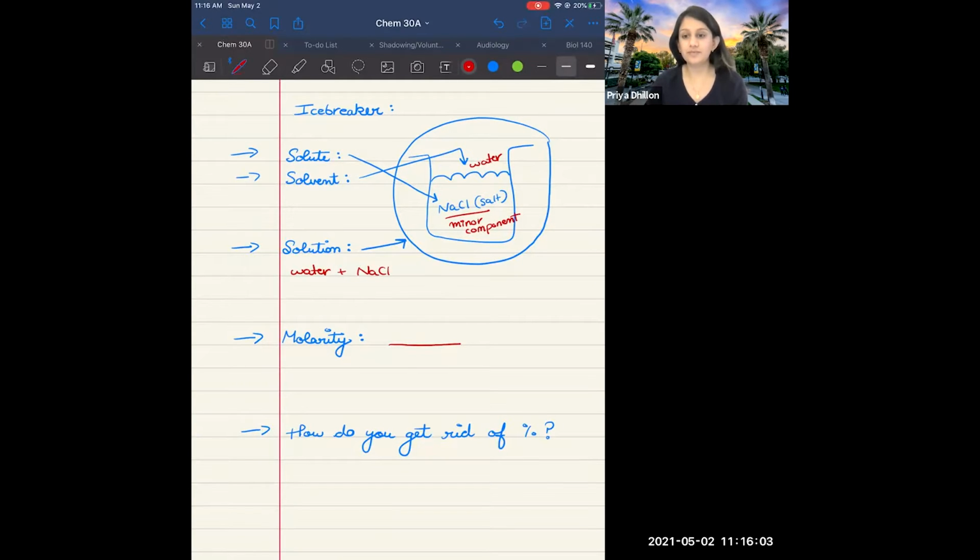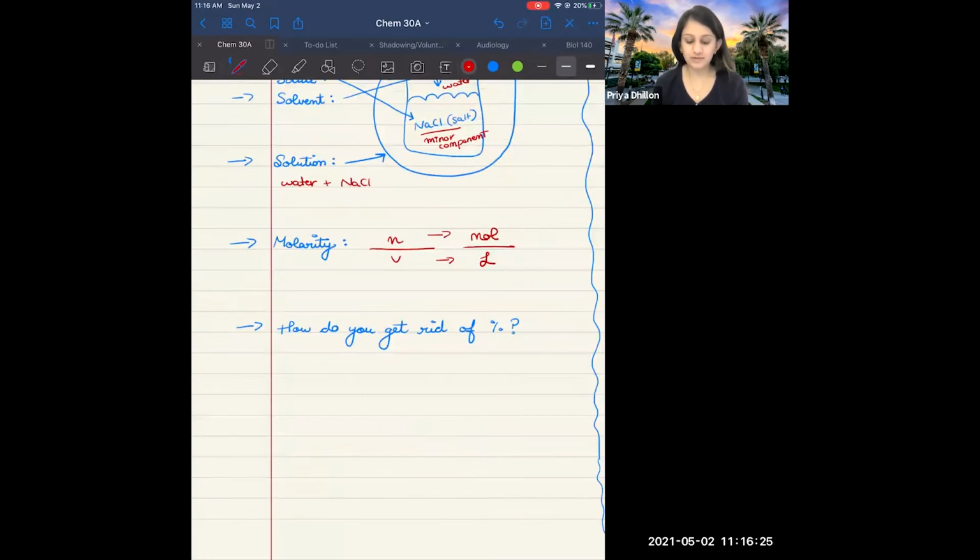Okay, yeah, it is n over V. So basically what it means is moles over volume, or moles over liters, let's put it that way. Okay, thank you.